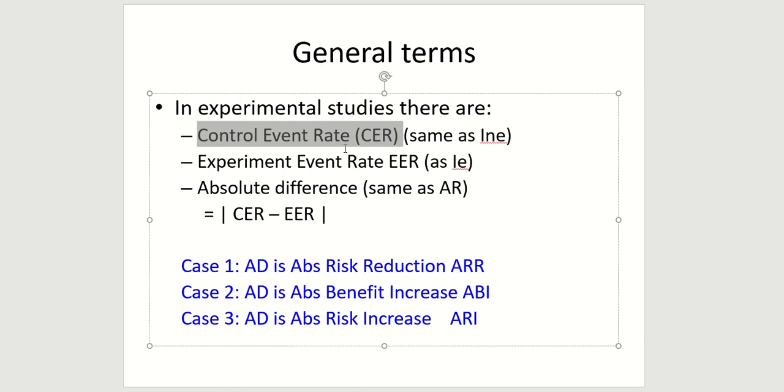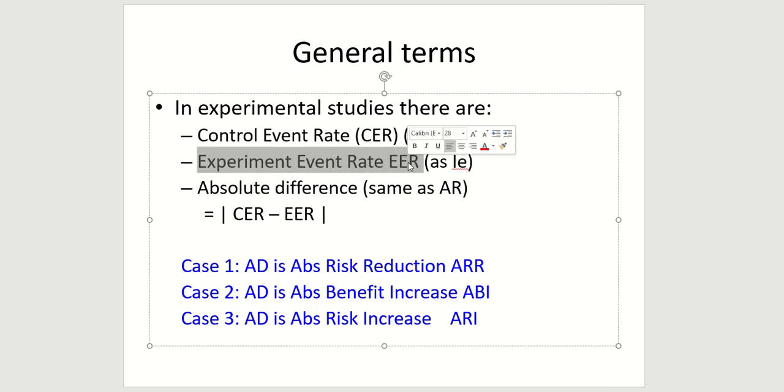This is exactly what we have seen before. Event is outcome, the rate is just the rate, and it's in the control group, meaning not exposed. So risk in the not exposed, or the incidence in the not exposed, they like to call control event rate. However, in the exposed, they call it the experiment event rate.